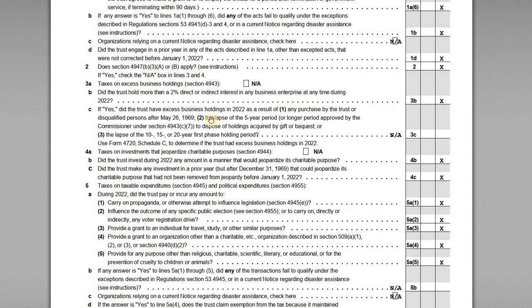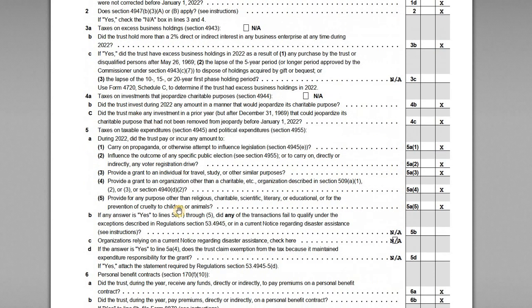That is important because if you're over the 2% ownership threshold, now you have to look at who the other owners of that business interest are. This is often an issue where individuals try to contribute closely held stock to a charitable trust. A lot of times it doesn't work. You have this excess business holdings problem. So that's something to keep in mind.